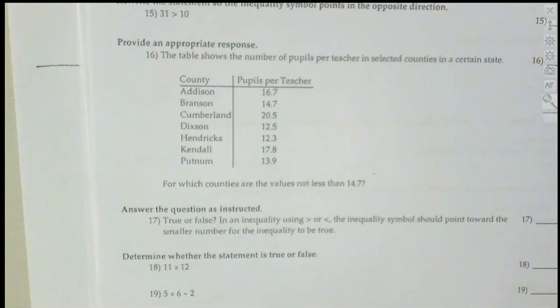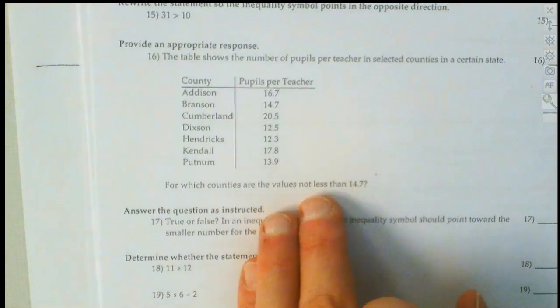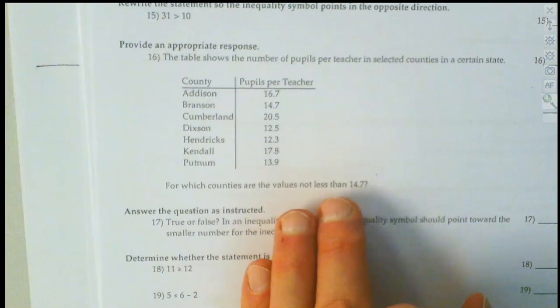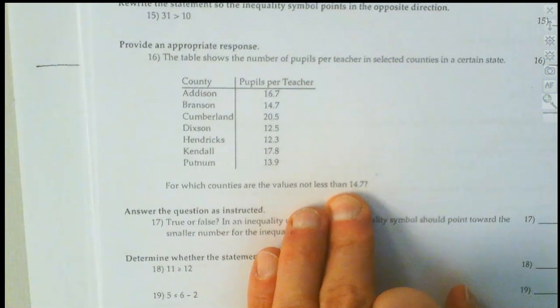Not less than. So that means it can equal 14.7. So if it says not less than, what are we looking for? The opposite of less than would be things that are 14.7 or larger, or greater.